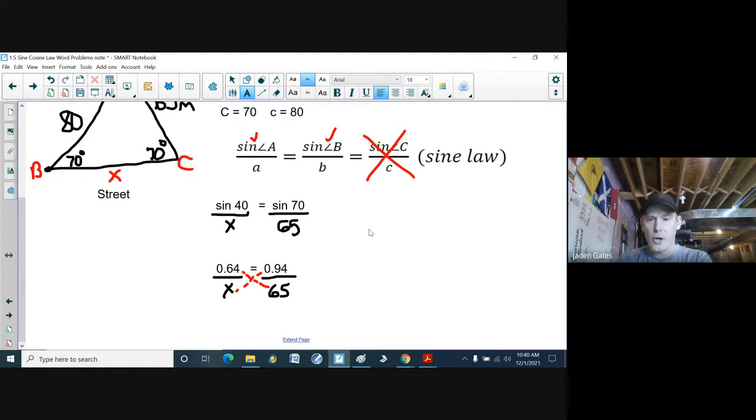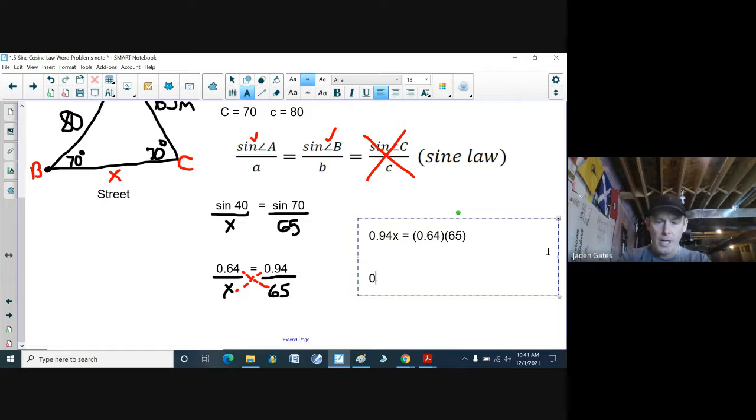All right, so I'm going to end up with 0.94x is equal to 0.64 times 65. All right, so I've got my 0.94x. Can't do anything with that, but I can simplify that 0.64 times 65, and I get 41.6.